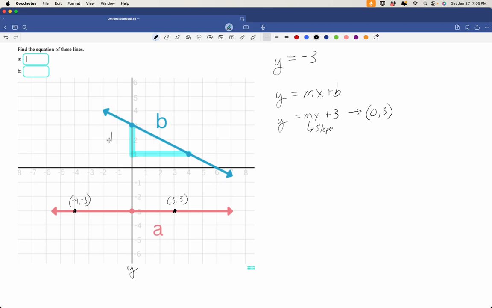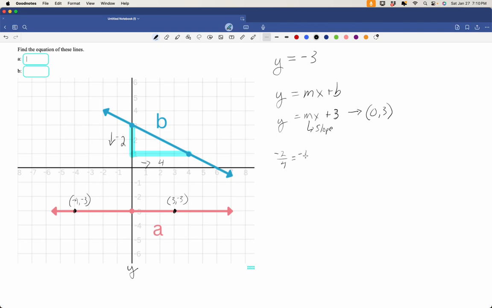So we're going to go down, and that's going down 1, 2 spaces. So down 2, and then it's going to the right 1, 2, 3, 4 spaces. So to the right 4. So it is going to be a negative 2 because it's down. So the slope is negative 2 over 4. Whenever you can reduce a fraction, you should.